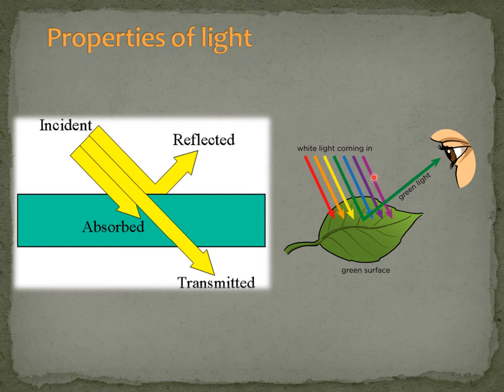So in this case, this leaf would absorb all or most of the rays except the green. It's the green that is being reflected, so the observer would have the notion of this object as being green.